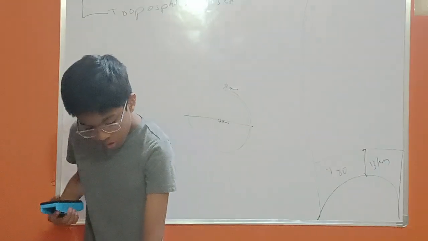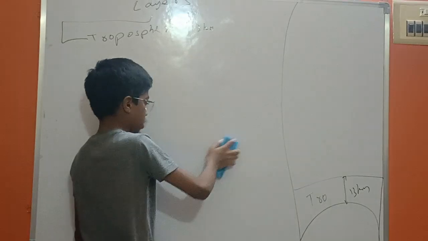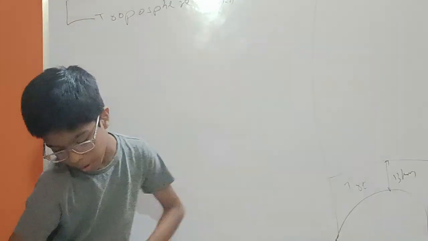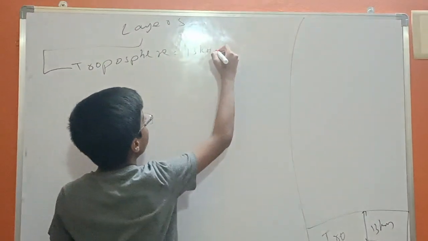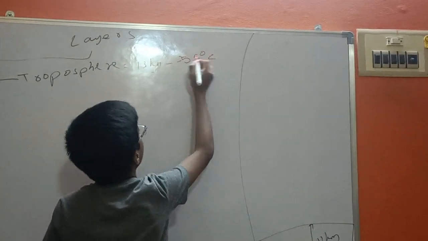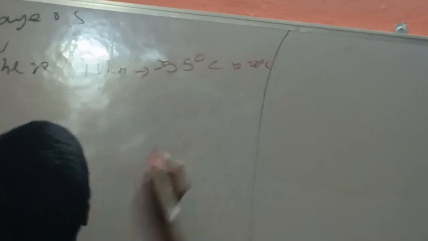Next, temperature in the troposphere. The temperature can be from minus 15 degrees Celsius to 20 degrees Celsius in the troposphere.